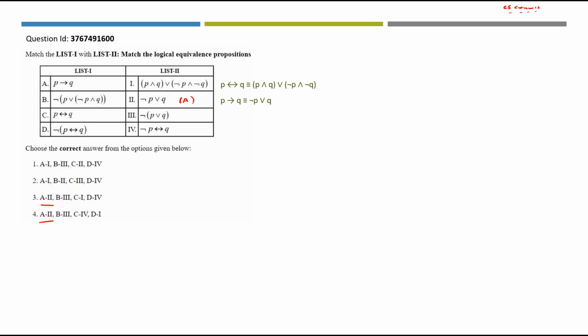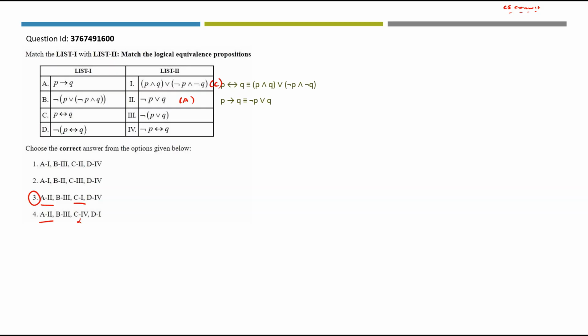P bi-implies Q will be equivalent to P and Q or negation of P and negation of Q. This is also listed in one of the laws in propositional equivalences. So C will be mapping to 1. So we have two options matching here. C is wrong here. So we will go with option 3 as the right answer.